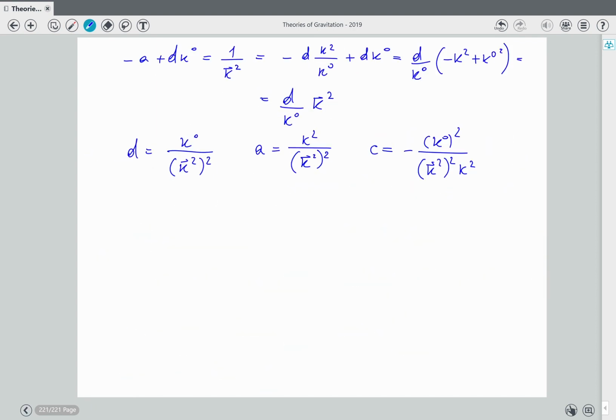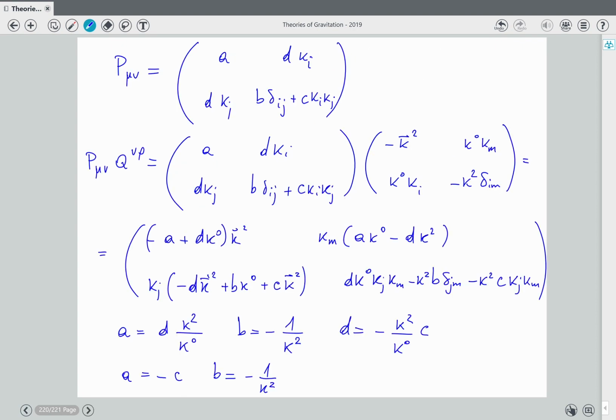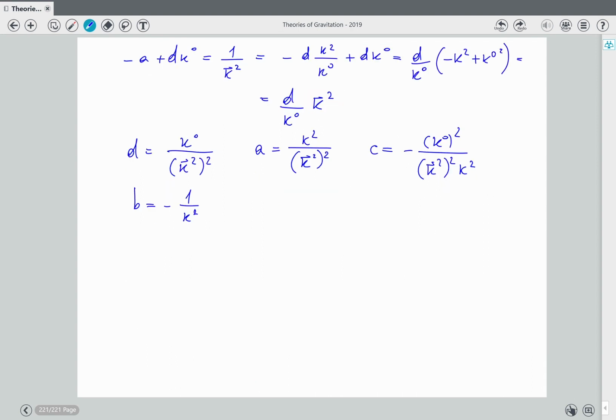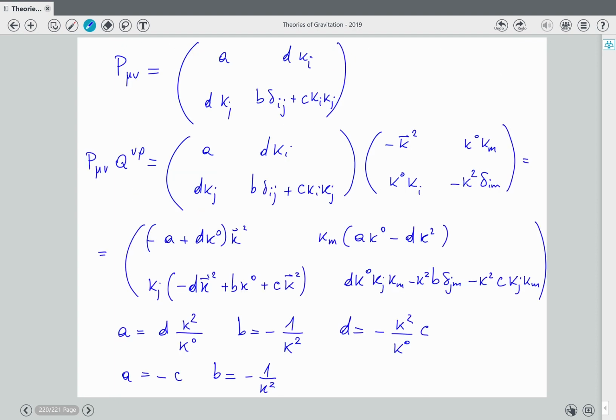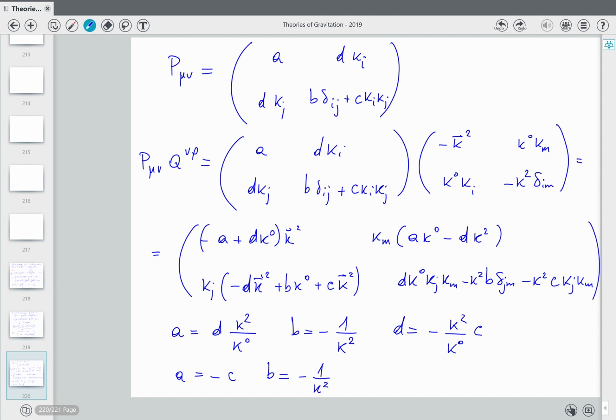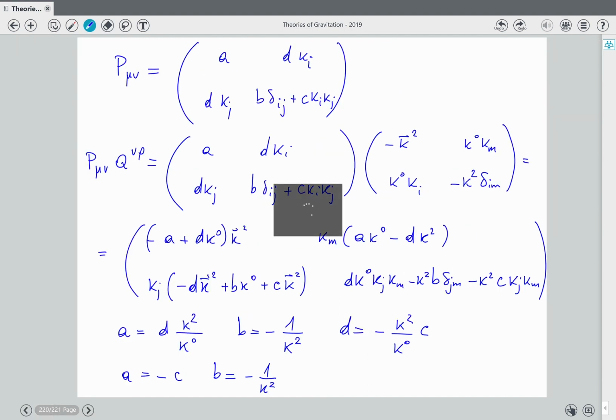B is minus 1 over k squared. And now the cross-check is that this object should be identically 0. So C is okay. D has the wrong sign. Yeah, because here I did the multiplication of Q and P instead of P and Q. So let's check. This should be 0.